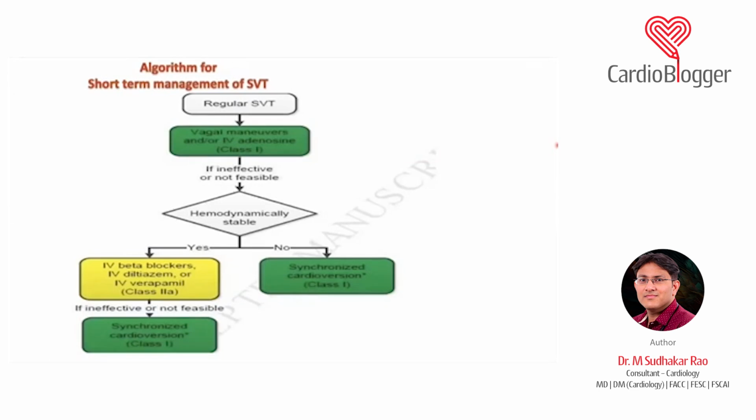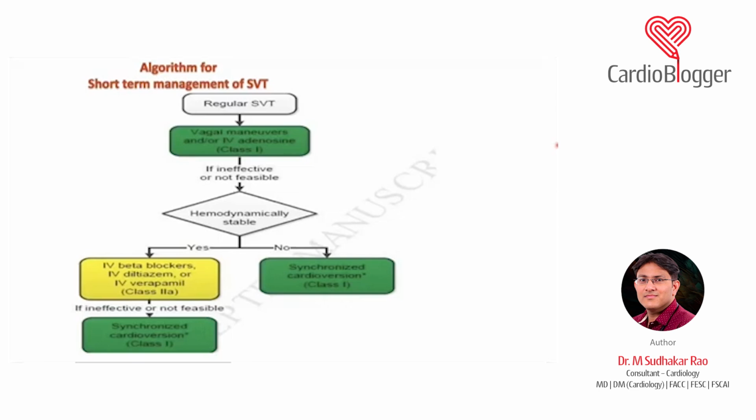Ideally the adenosine has to be given from a central line. If you do not have a central line, you give it through a peripheral line, but make sure that as soon as you give adenosine, you give a fast saline flush and raise the hand, because the half-life is very short, so it has to go fast into the circulation. You have to raise the hand so that all the adenosine goes into the circulation very quickly.